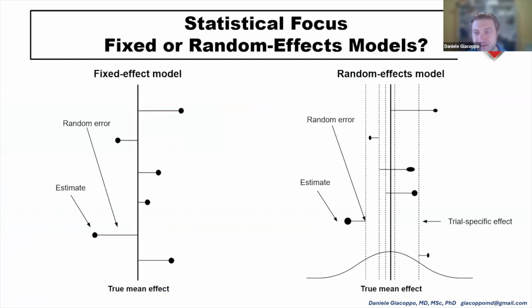It's hard to see in common practice studies that are sharing the same population, the same type of intervention, and the absence of between study heterogeneity. In the random effects model, each study has a true effect size, and the summary effect is the true mean effect.